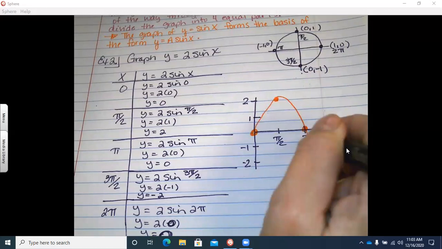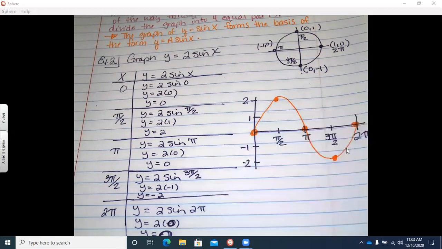So how long is the period? Two pi. Remember, period is the horizontal length of one cycle. What would we say the amplitude is? 2. Amplitude is the distance above and below the midline. What do you think the domain is?